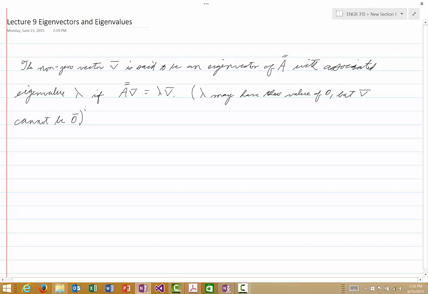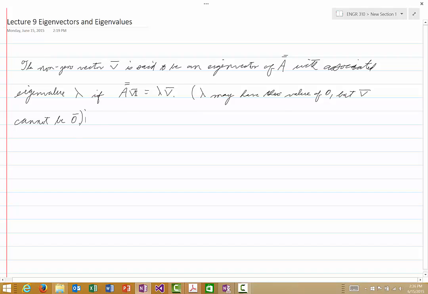One way to think about this is that if we permitted ourselves to think of the possibility v is equal to 0, that would be an eigenvector for every matrix, because it doesn't matter what the matrix A is.